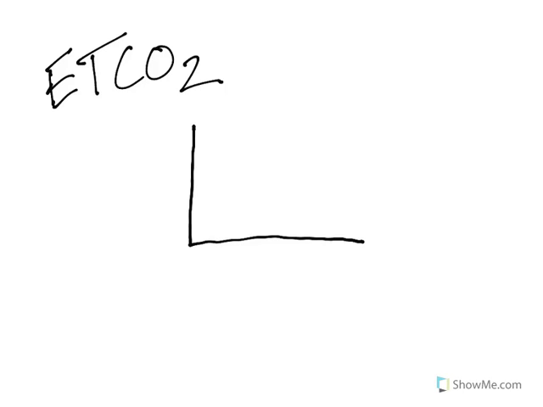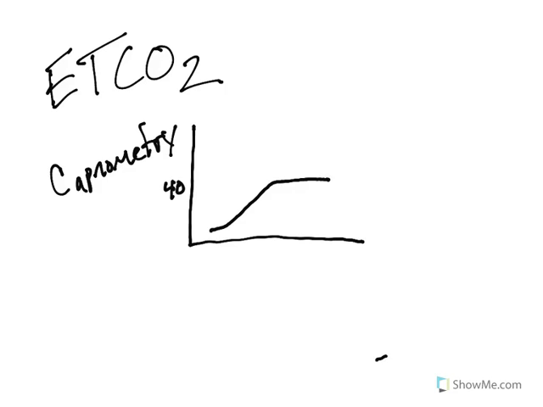This is your capnometry. Let's say the mid-range there is 40. Generally, what we like to see with our patients is a nice gentle upslope, nice plateau, maybe a little rise in the plateau, that's okay, and then a fall off like that.